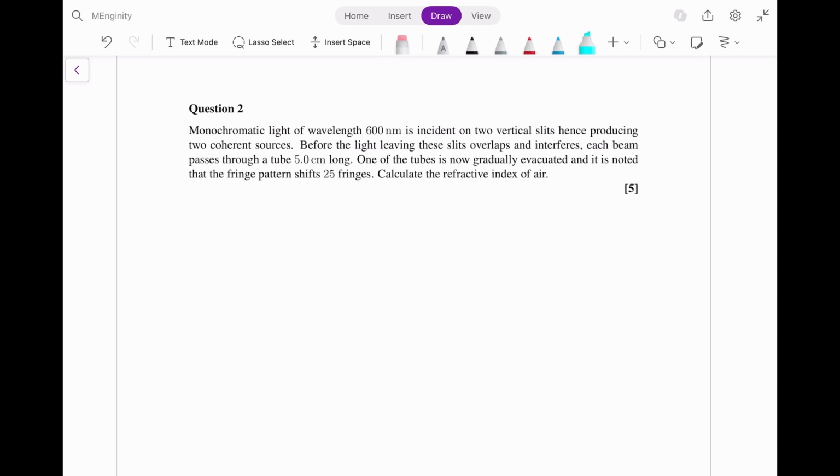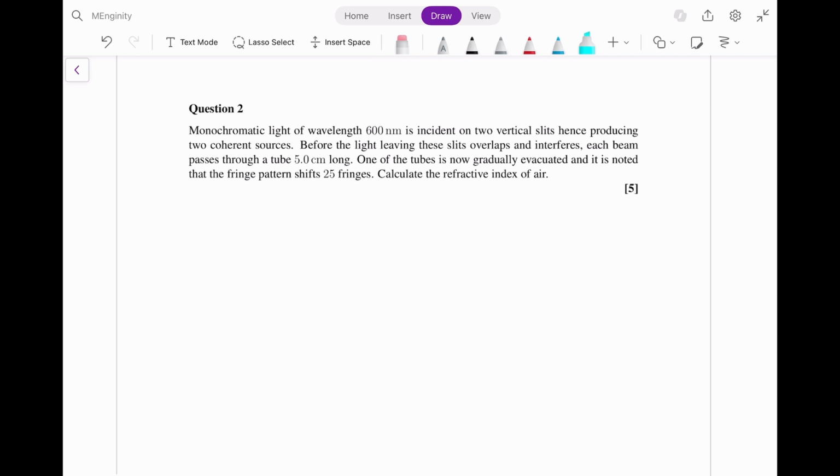Okay, so the idea is that there's 2 coherent sources, and each one of them passes through a tube, and one of the tubes is air, and the other tube is essentially vacuum as it is evacuated.